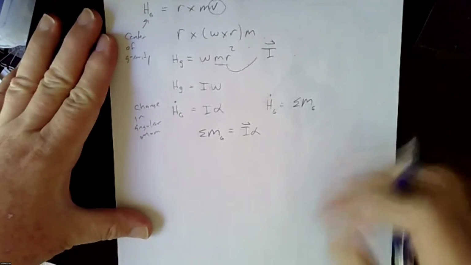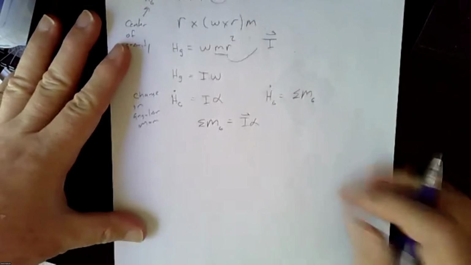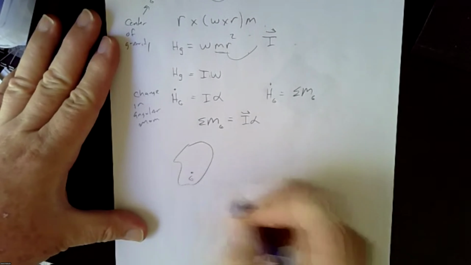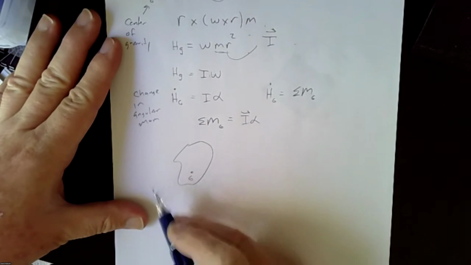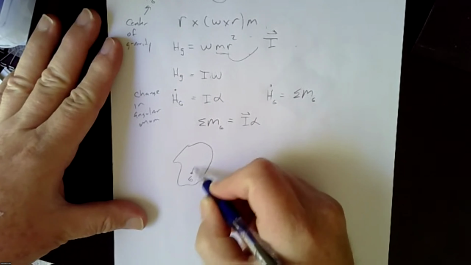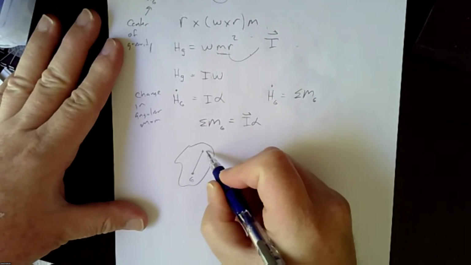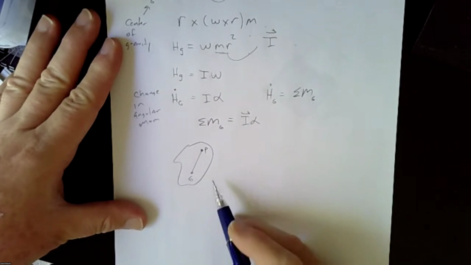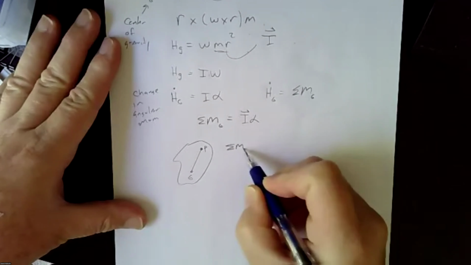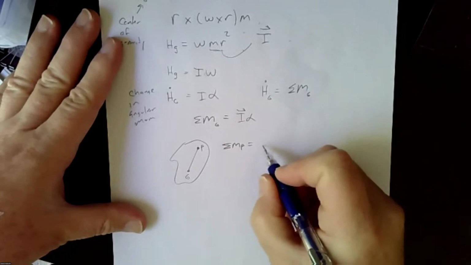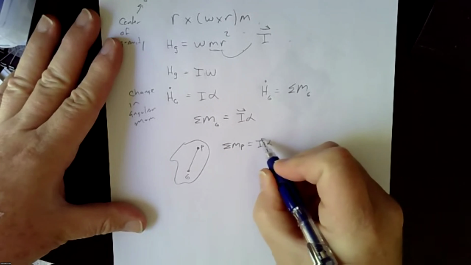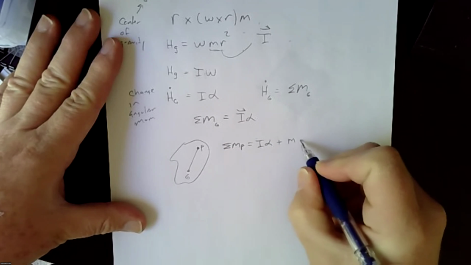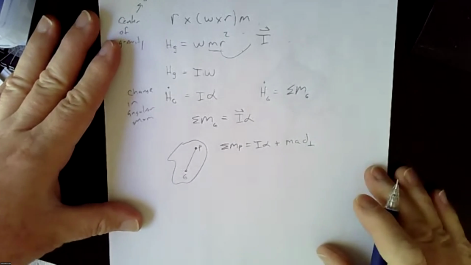Now, another part to this is that's all well and good if you're at the center of gravity, so that's G. But let's say that you take the moment about a different point. Let's draw a point up there. We'll call that point P. So now our moments are about that instead of about this. Now we say the sum of the moments about P equals I alpha plus m a d perpendicular.